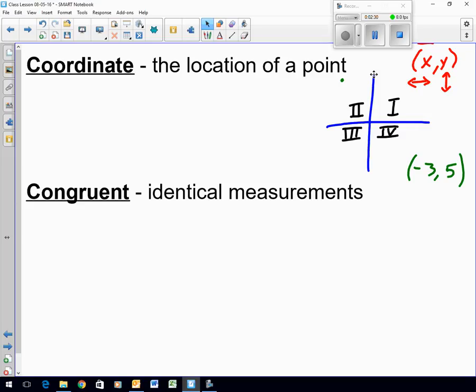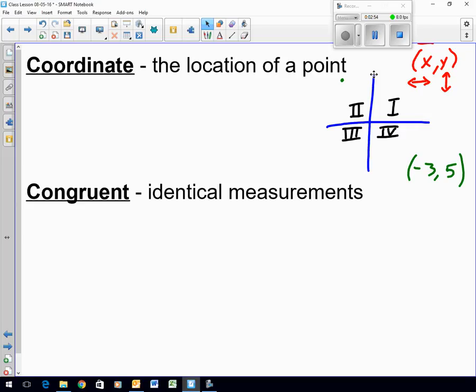All right. My first promise to you of the year. I promise you, if you don't know what congruent means, you won't make it through this class. True story? True story. Okay? If you don't memorize what congruent means, you won't make it through this class.